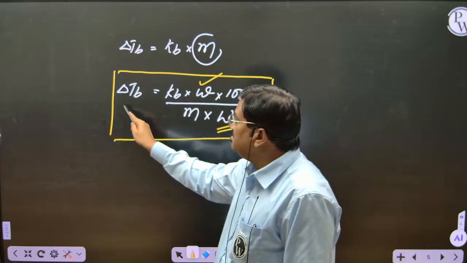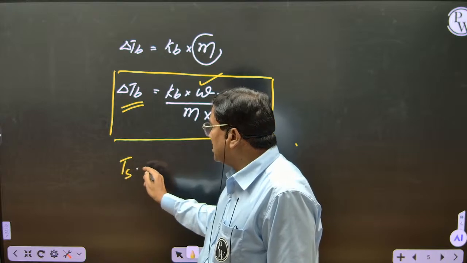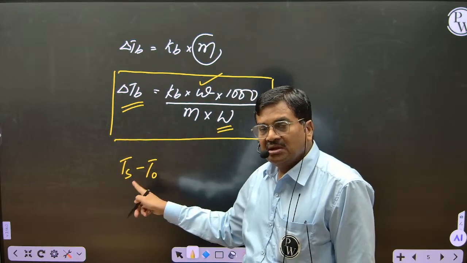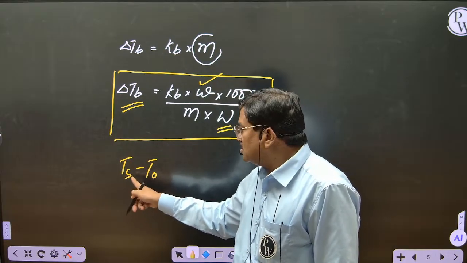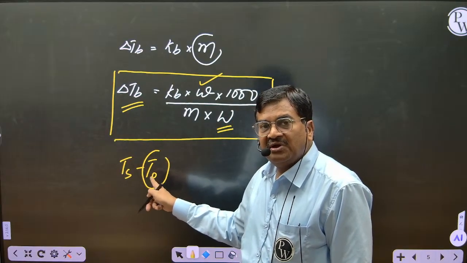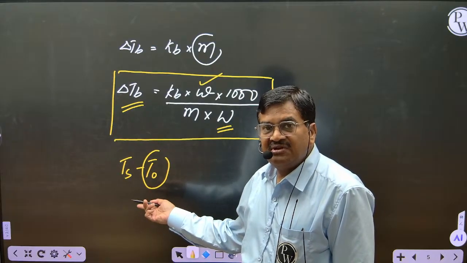Now this delta TB, what minus what should I write? Boiling point of solution minus solvent, no? Because the solution gets elevated. Whose boiling point will be more, student? Solution will be more. And in exam, if they don't give boiling point of solvent, we have to consider 100 degrees Celsius. It is a universal solvent, water.